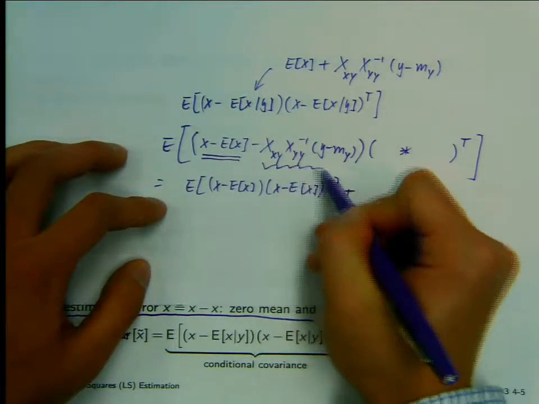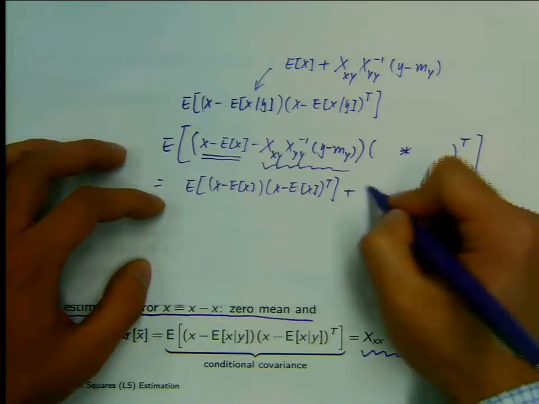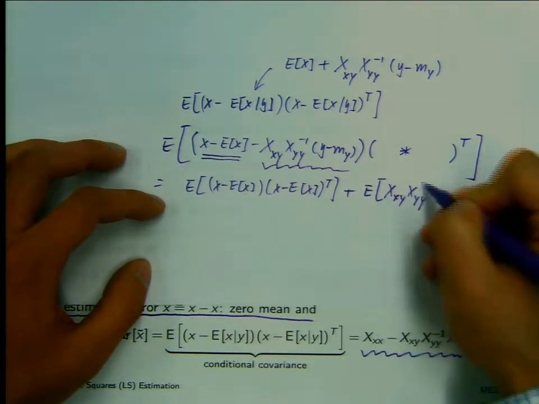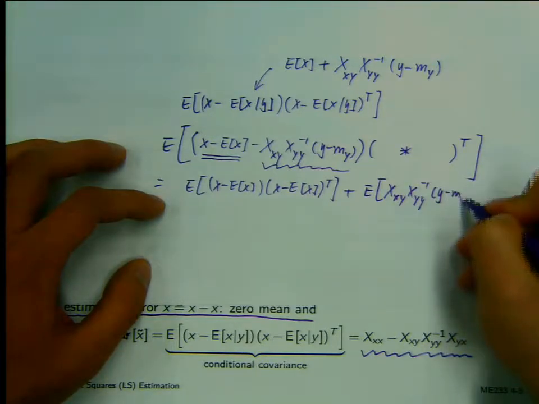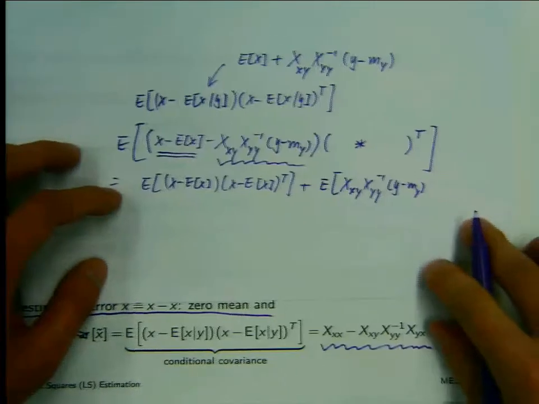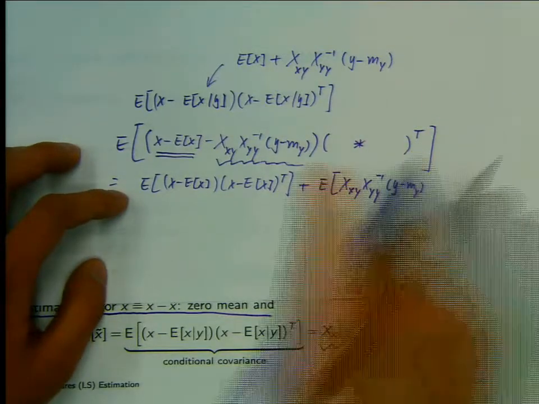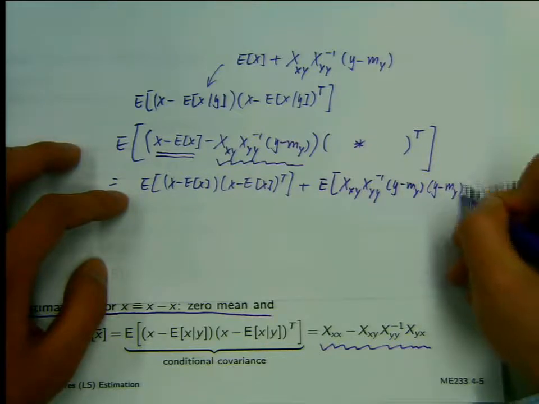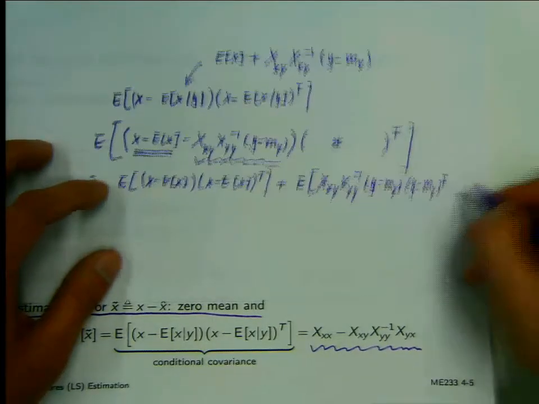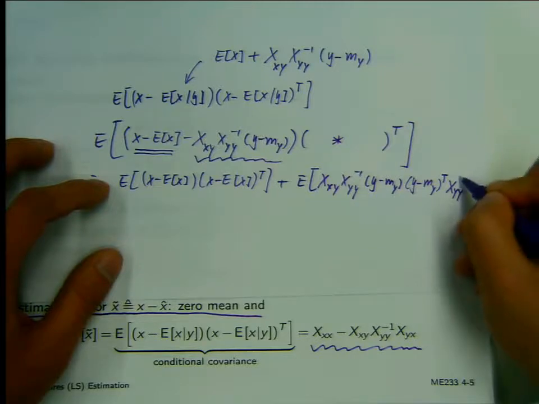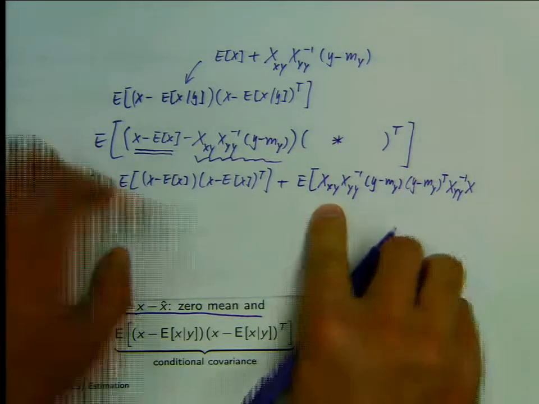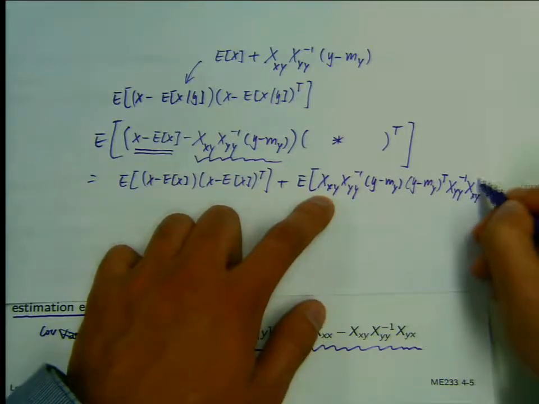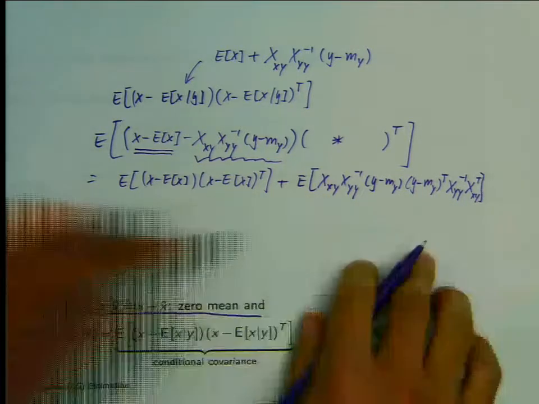The second term is going to give me the expectation of Σ_xy Σ_yy inverse times y minus mean of y. Then because of the transpose sign here, this itself is going to take the transpose, becoming the transpose, and then Σ_yy inverse, Σ_xy transpose.